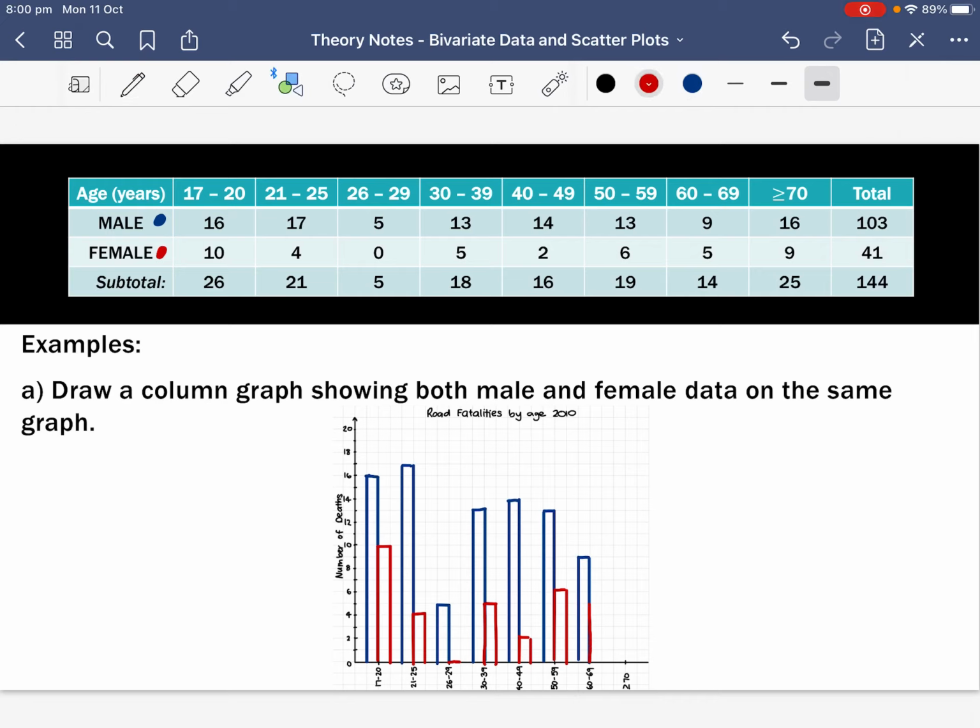So we can start to see a bit of a trend here occurring. And then for greater than 70, we have that males is 16.